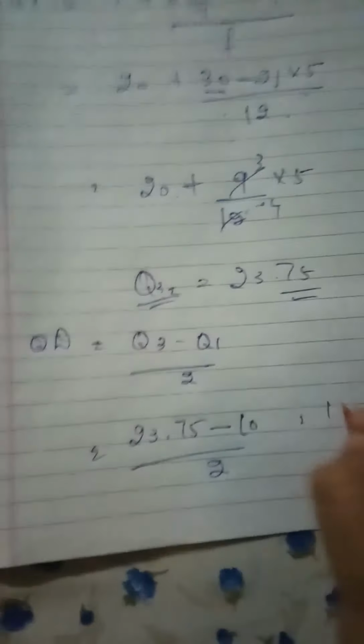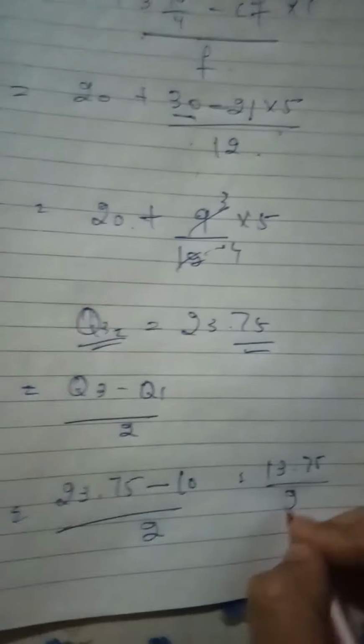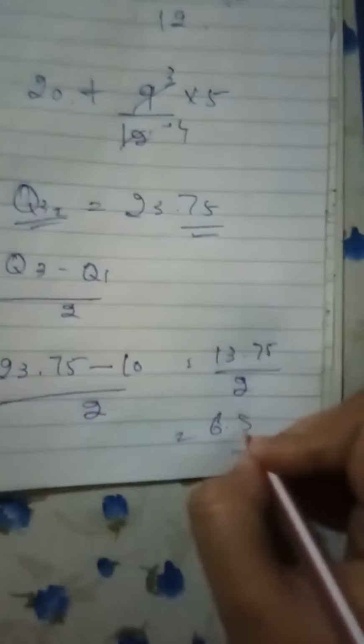Then by solving this we get 13.75 upon 2, that is 6.875. Okay, that is the quartile deviation.